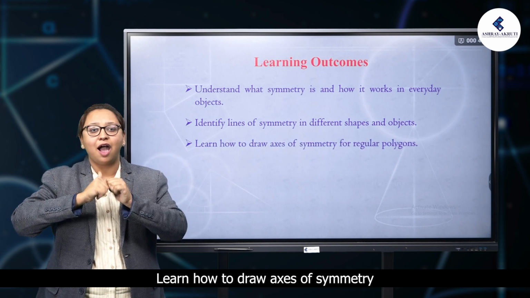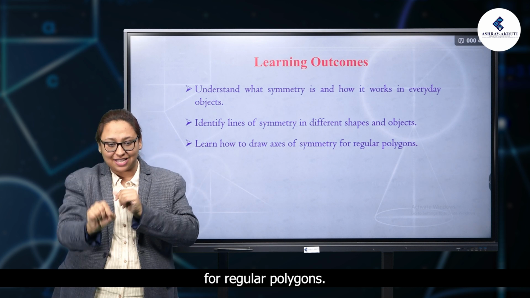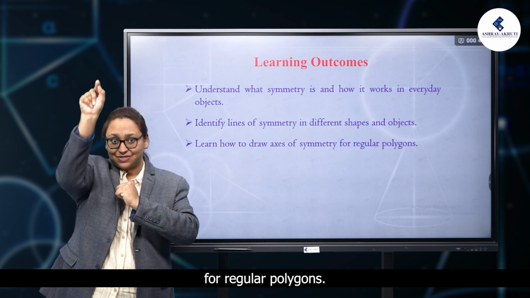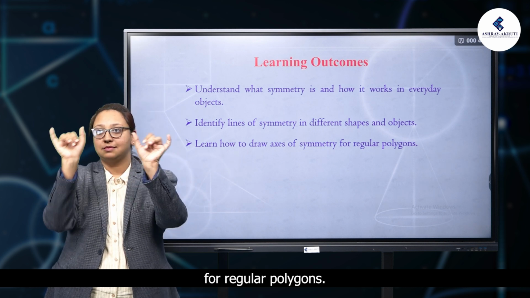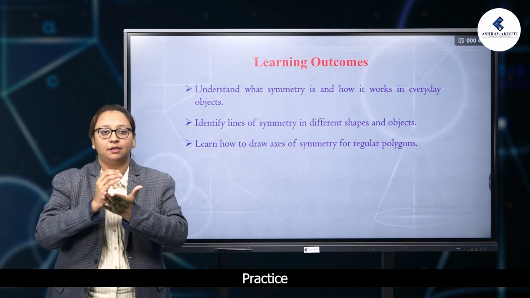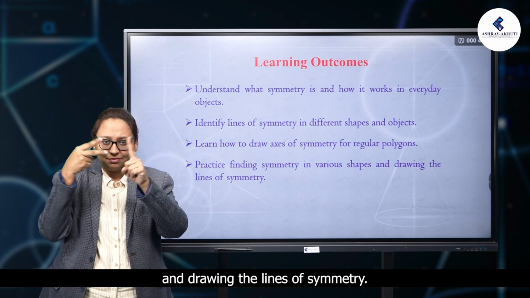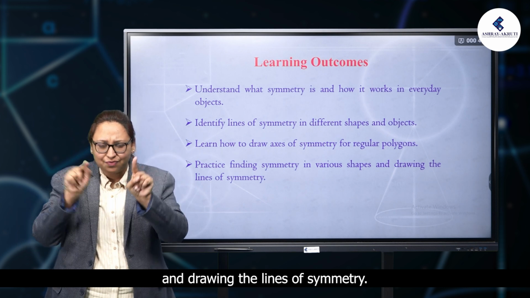Learn how to draw axes of symmetry for regular polygons. Practice finding symmetry in various shapes and drawing the lines of symmetry.